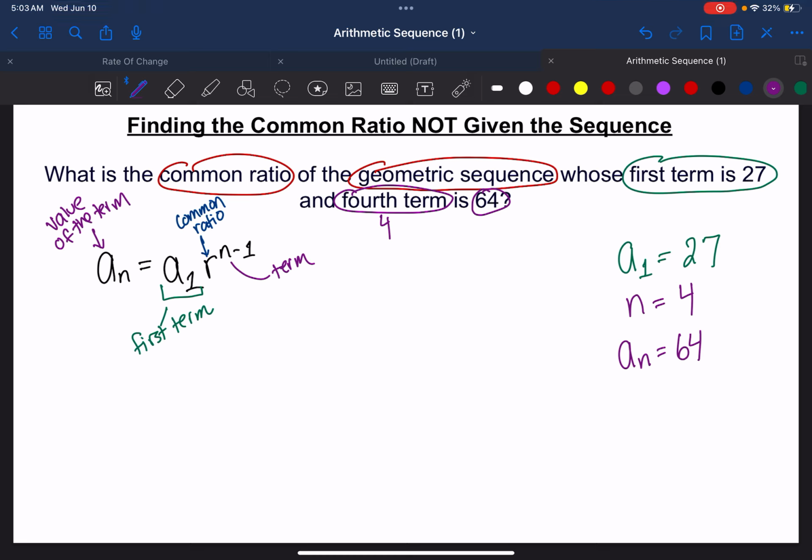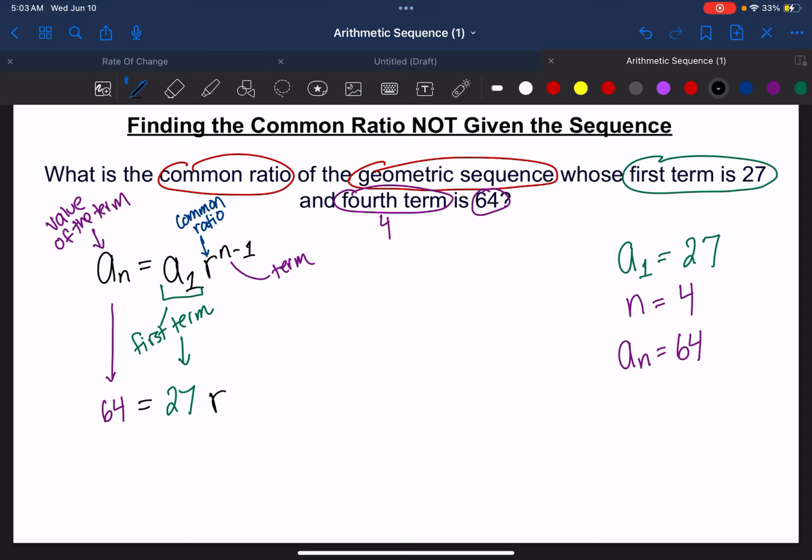Now let's substitute our values. We have what a sub n is, which is 64. We have that a sub 1, the first term, is 27, so let's substitute that with 27. We don't know what r is, so we're going to leave that there.